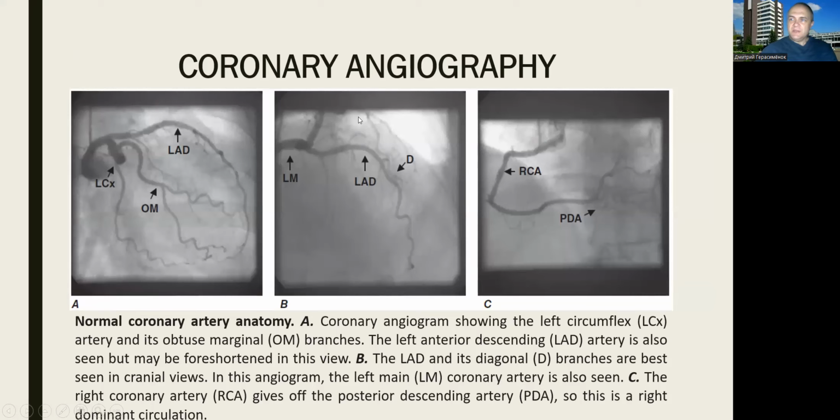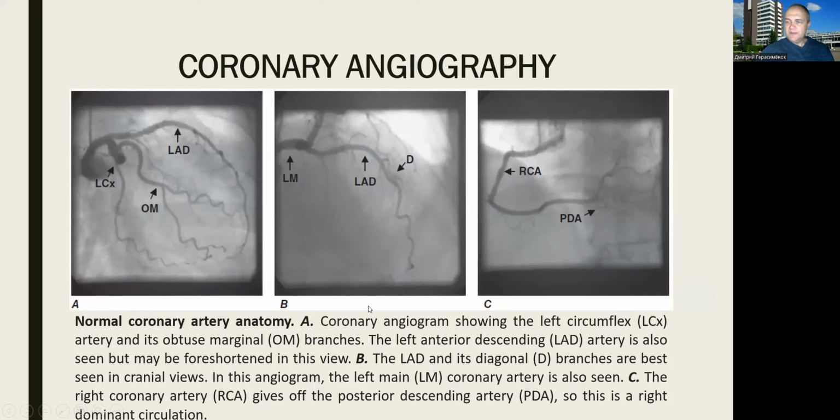This is coronary angiography. So these are three figures. Figure A, coronary angiogram showing the left circumflex artery and its obtuse marginal branch. The left anterior descending artery is also seen, but may be foreshortened in this view.